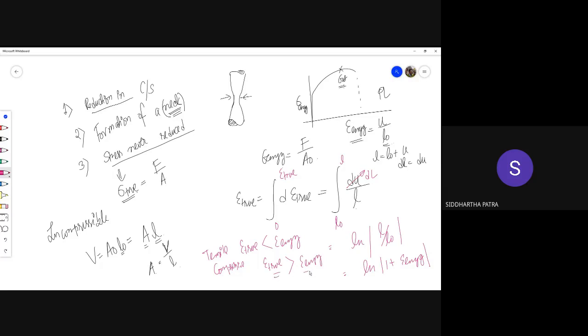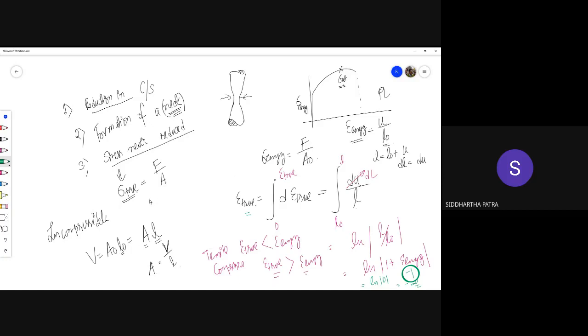To make sense of that, please understand that if I take a compressive loading of -1, then I'm trying to get the natural log of 0, which is minus infinity. So if I get -1 of engineering strain in compression, that is 100% compression, and in terms of true strain that becomes infinite strain, minus infinity. And the opposite happens with the tensile loading, where the engineering strain is actually higher than true strain.